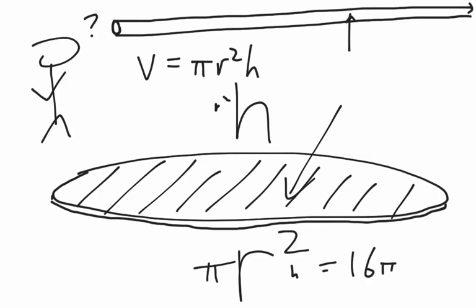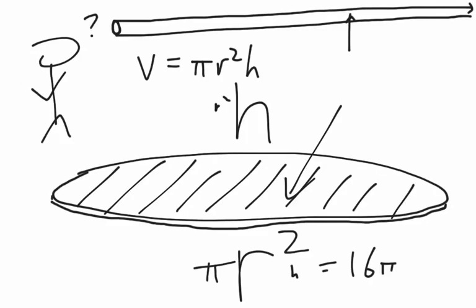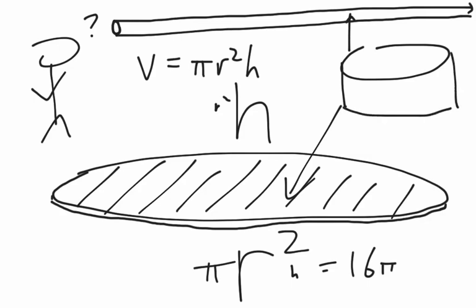And so it's like the Goldilocks problem. If my radius is too small, then I'm using too much tin. And if my radius is too big, I'm also using too much tin. But if I decrease the amount of tin I'm using and make a shape like this, then I can still get my volume.